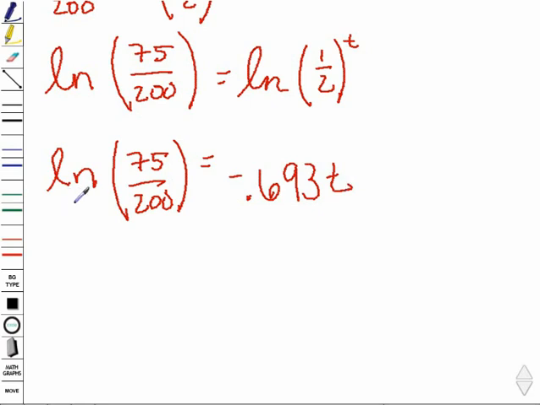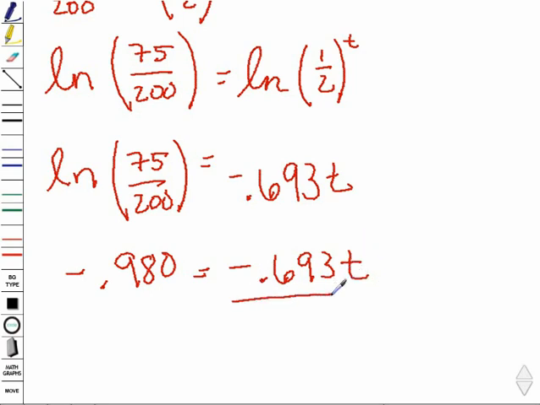If we take the natural log of 75 divided by 200, you find that you get a negative 0.980, and we set that equal to what we had before, a negative 0.693 t. We're still trying to find t and get it by itself, so we're going to divide both sides by a negative 0.693.